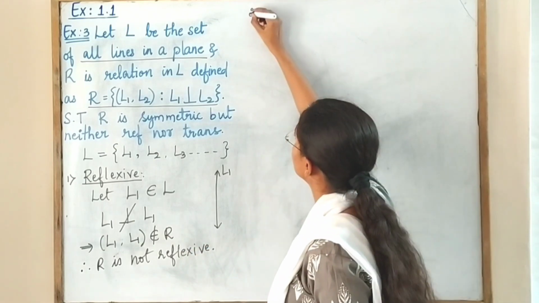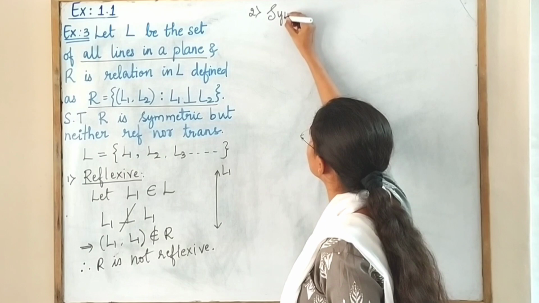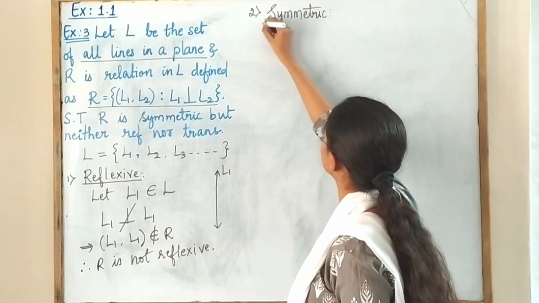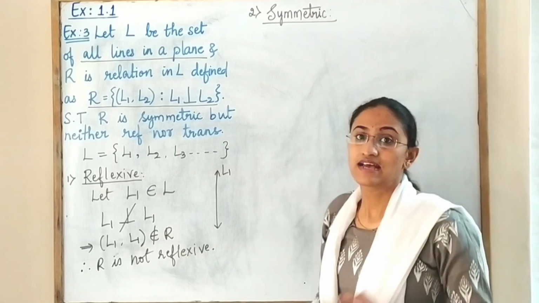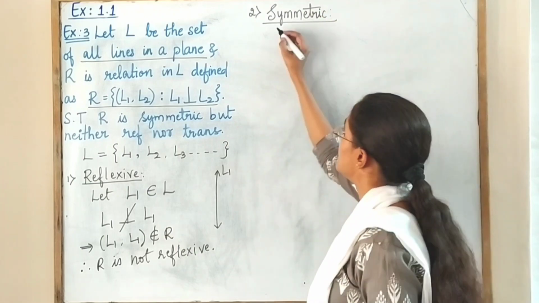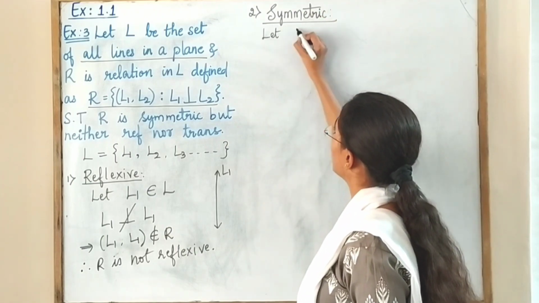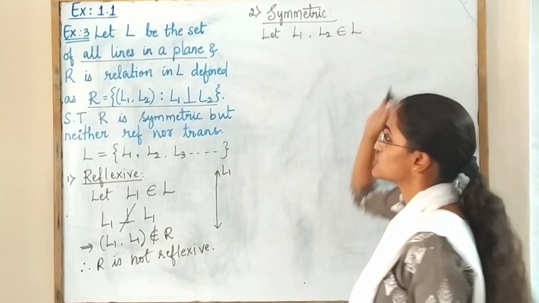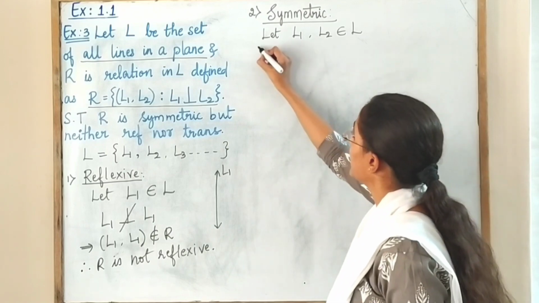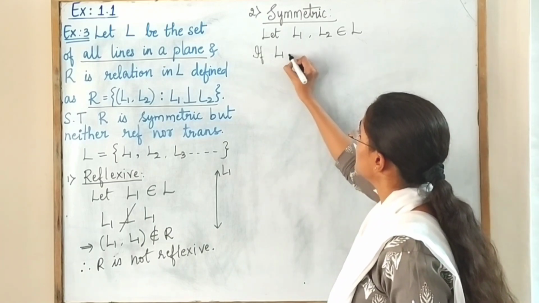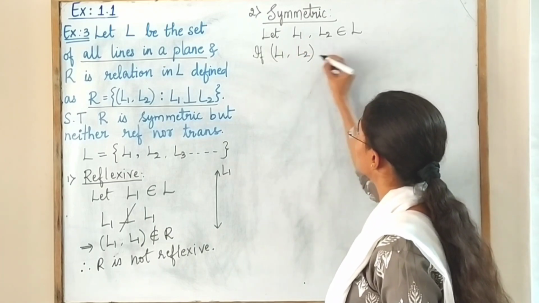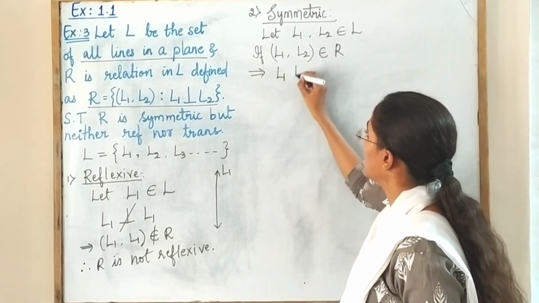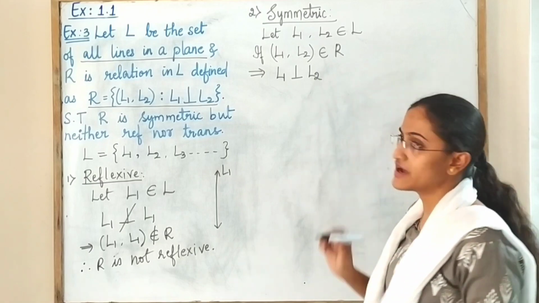Secondly, for the symmetric one, select any two lines. Let L1, L2 belong to the set of all lines. Now, if (L1, L2) belongs to the relation R, then this should satisfy L1 being perpendicular to L2.